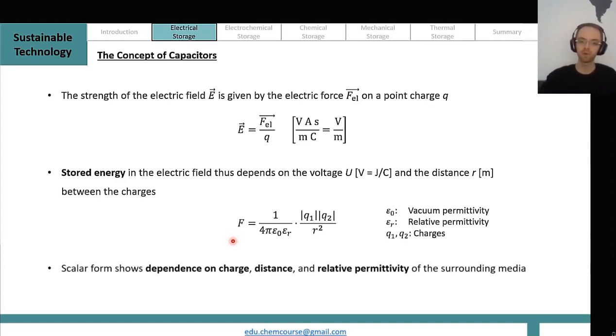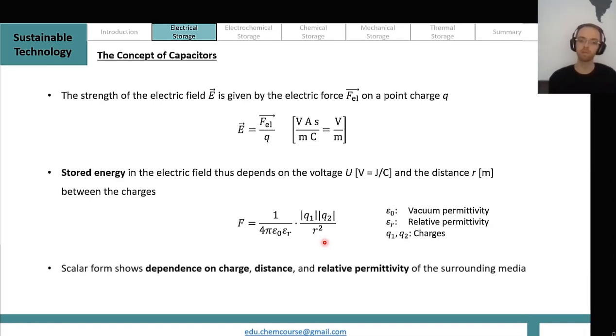This would be that the force is 1 divided by 4 pi epsilon 0 epsilon r, where epsilon 0 is the vacuum permittivity and epsilon r is the relative permittivity, times the charges multiplied, divided by the distance between the two charges squared. We will soon see what this mysterious value permittivity actually tells us.